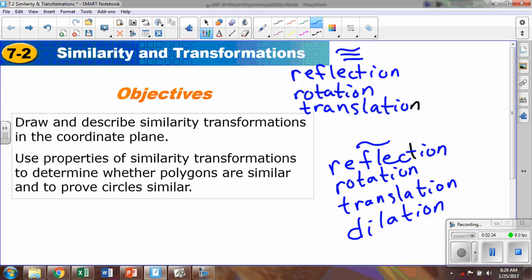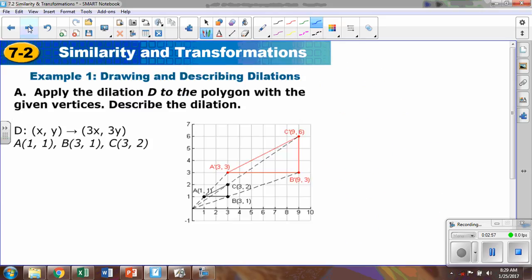In that regard, it's like what you were doing before, but now we're going to use movement to explain why they are similar, yes or no. And we do have a particular emphasis on circles. All circles are similar to each other, and we're going to use movement to show why. So here's our first one.